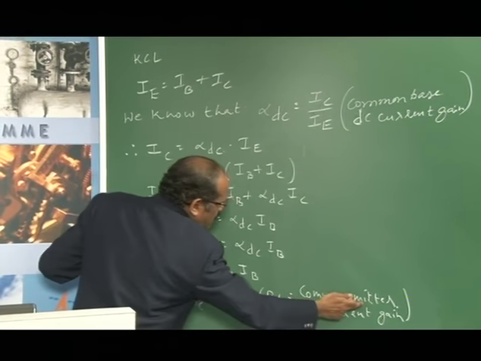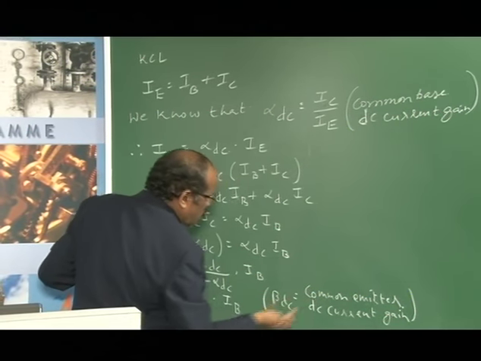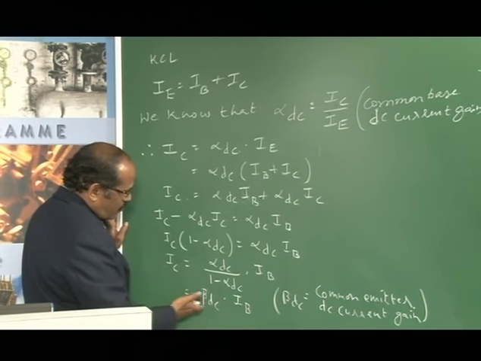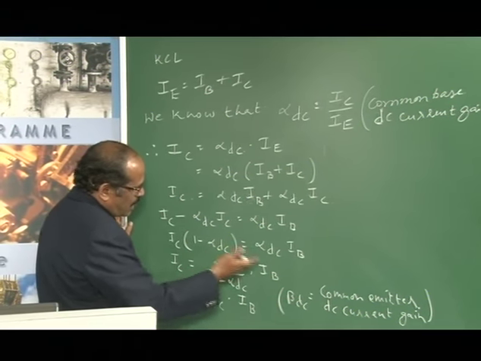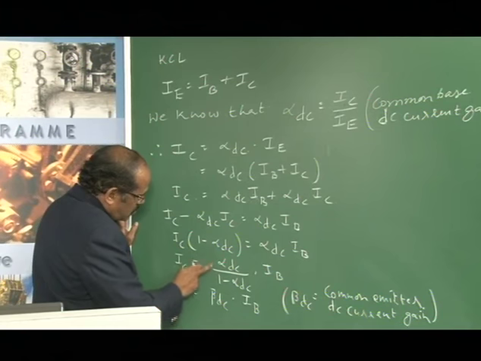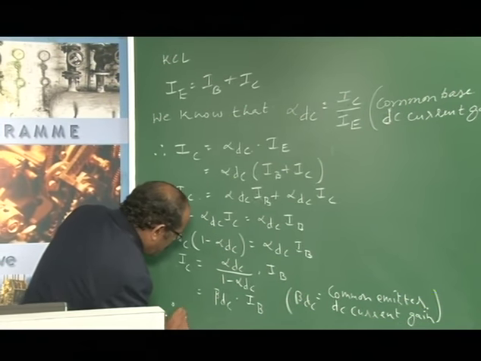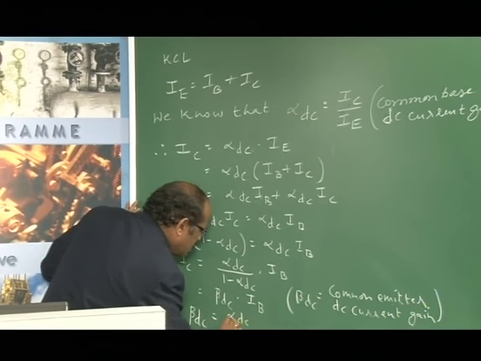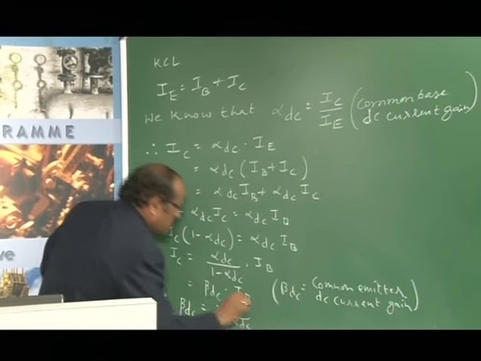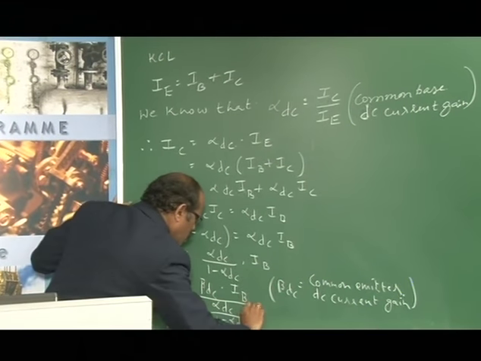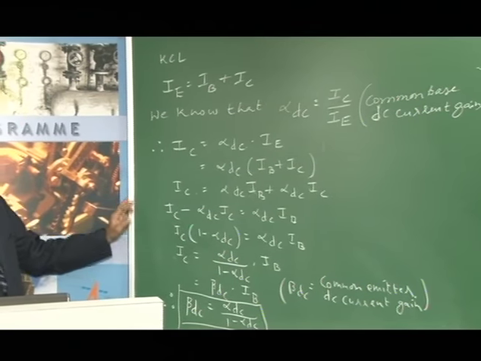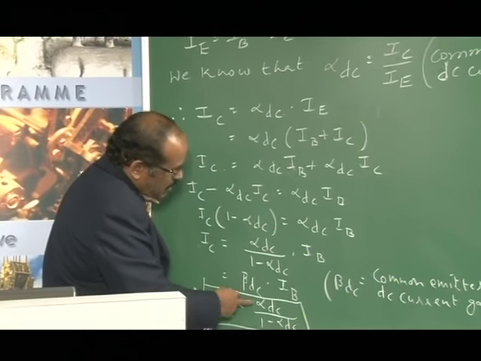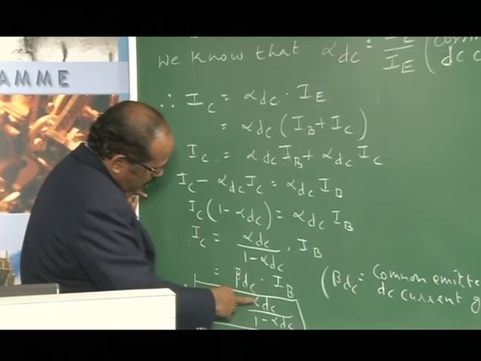Common emitter configuration means the emitter is common to both input and output. Here the input is the base and the output is the collector. Therefore beta DC is the ratio of IC by IB. From this we can say that beta DC is equal to alpha DC divided by (1 minus alpha DC). So we get the common emitter DC current gain in terms of the common base DC current gain, alpha DC.